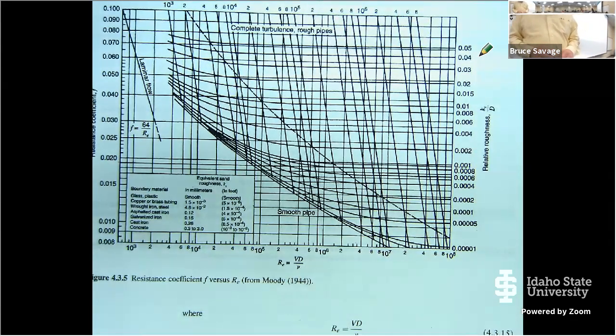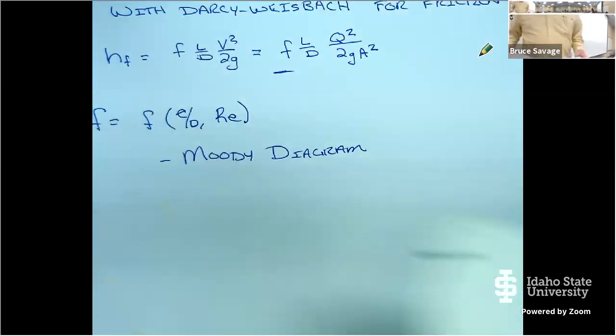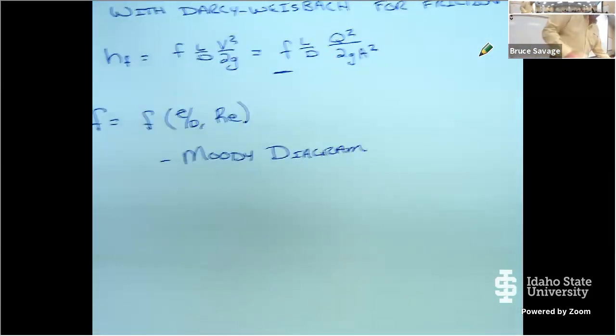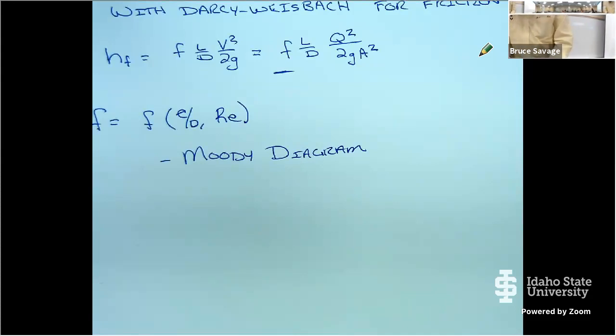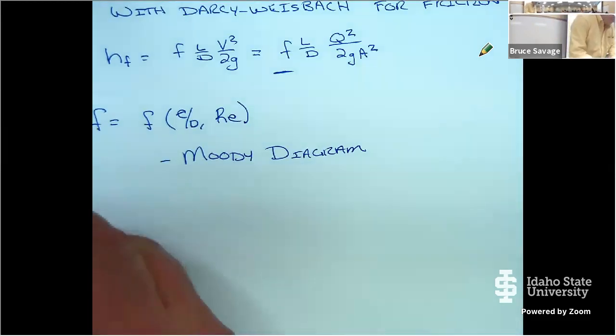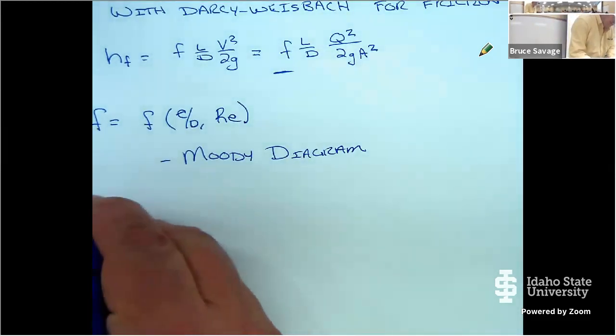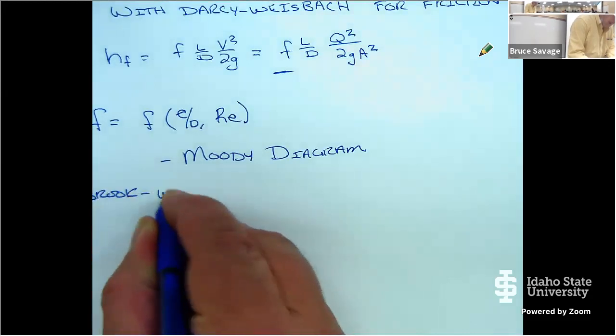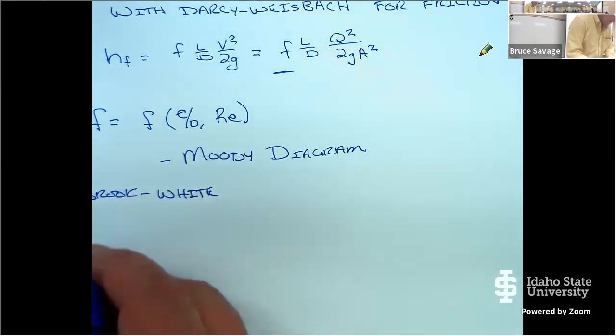Interesting story about the Moody diagram. There were two guys that took Nikuradse's data. Remember Nikuradse? He was the guy that put the sand inside the pipe. These two guys, Colebrook and White, took his data and said, yeah, we think we can graph that. And they came up with this equation right here.